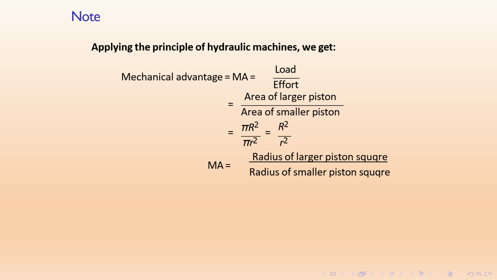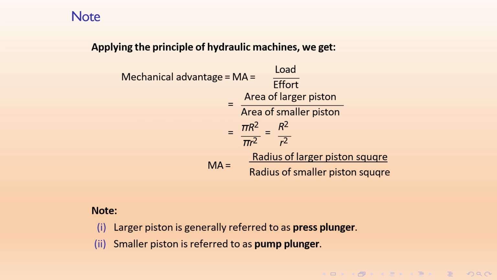As the radius is larger, the mechanical advantage is also larger. Note, the larger piston is generally referred to as the press plunger and the smaller piston is referred to as the pump plunger. Press plunger and pump plunger mean pressure and pump.